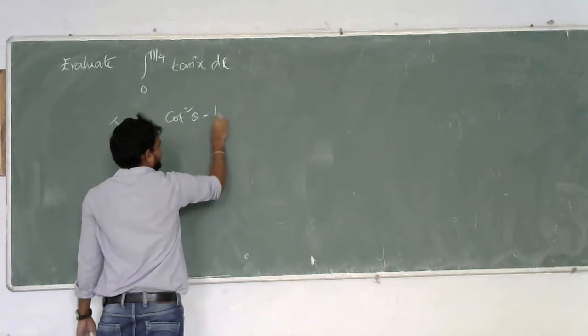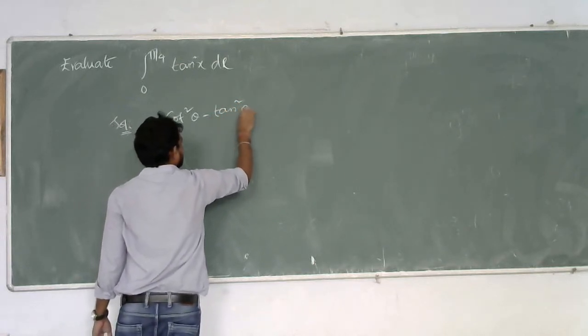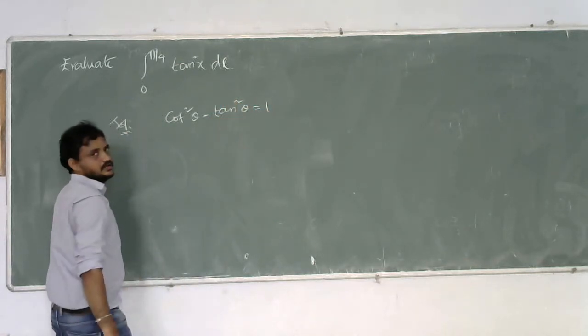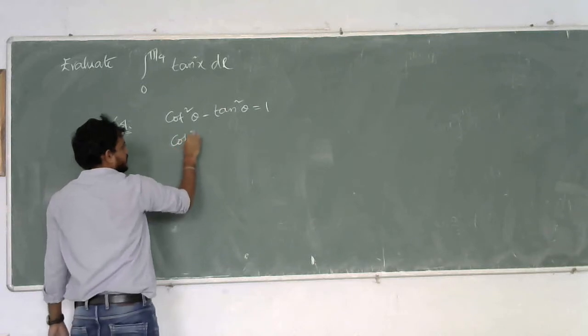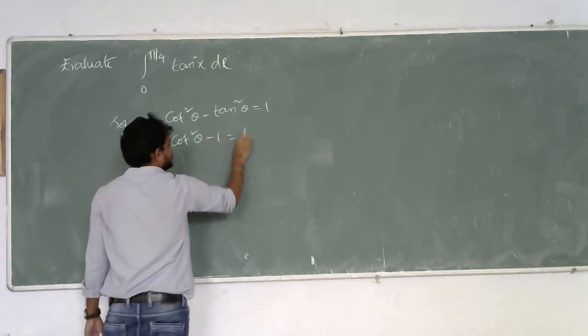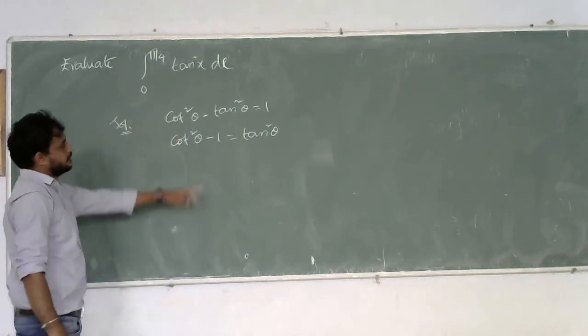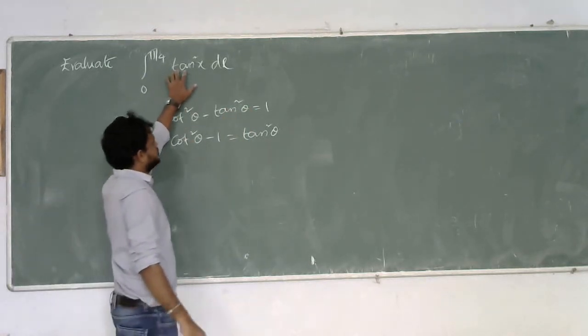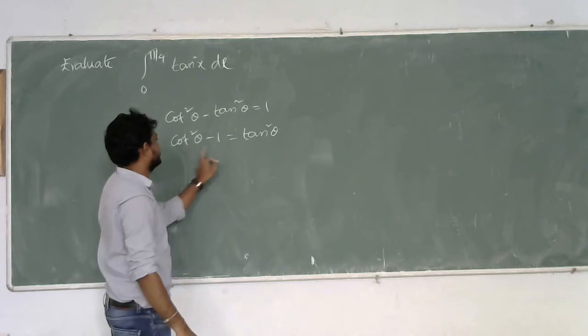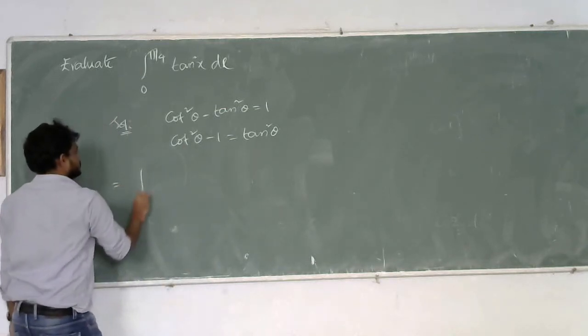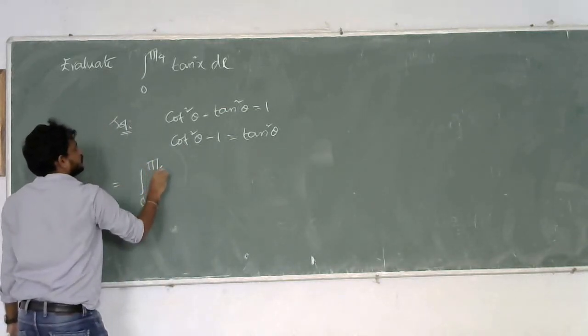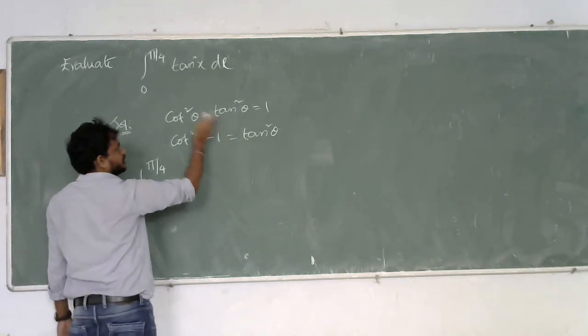Cot square theta minus tan square theta is equal to what? 1. From that, we can write cot square theta minus 1 equals tan square theta. Okay, then substitute this for the x value, that is cot square x minus 1. So integral 0 to pi by 4, here in place of x we are getting theta, right?